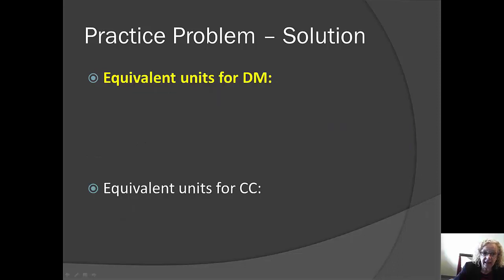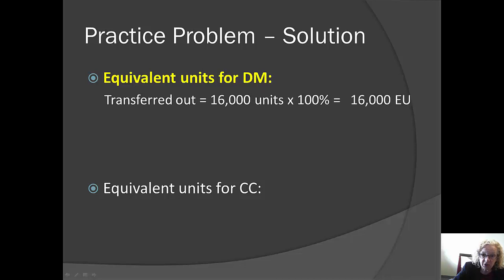Now we can take a look at the equivalent units for materials and for conversion. We know that the units that were completed and transferred out must have gotten 100% of their materials. Therefore, 16,000 physical units that got done must represent 16,000 equivalent units for materials.